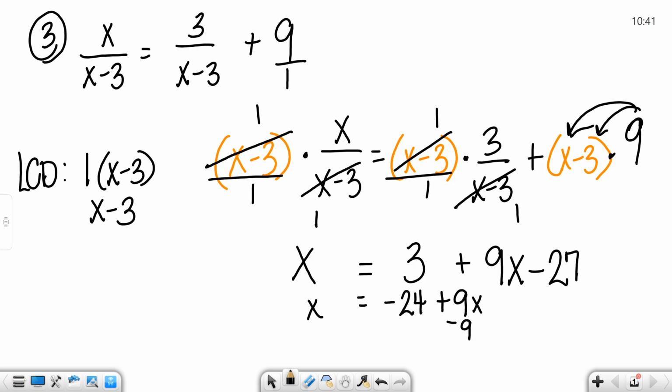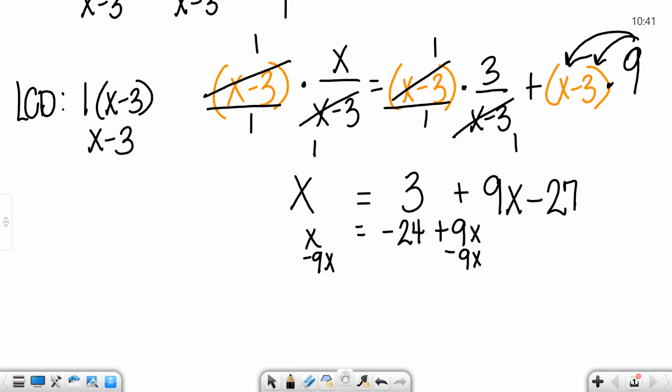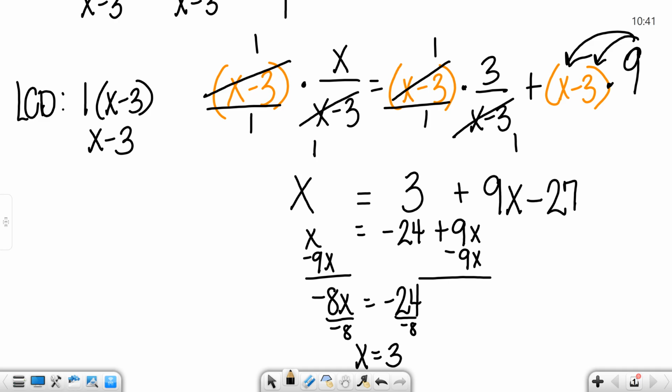Okay, let's get our x's on the same side. And I end up with negative 8x is equal to negative 24. Divide. So x is positive 3.